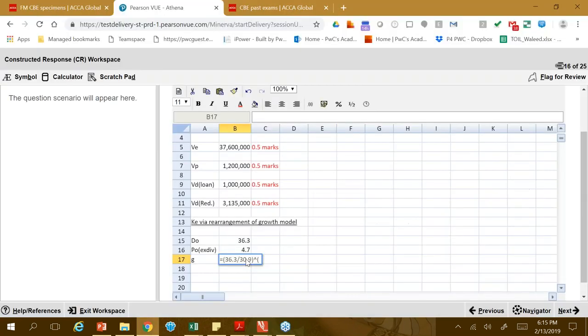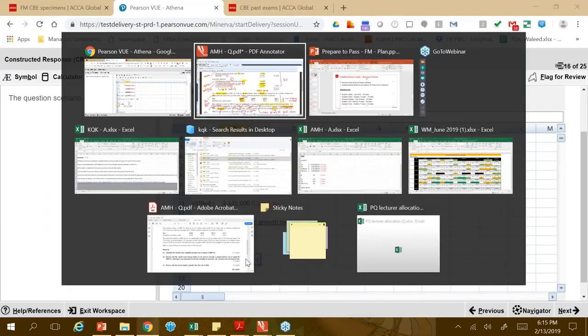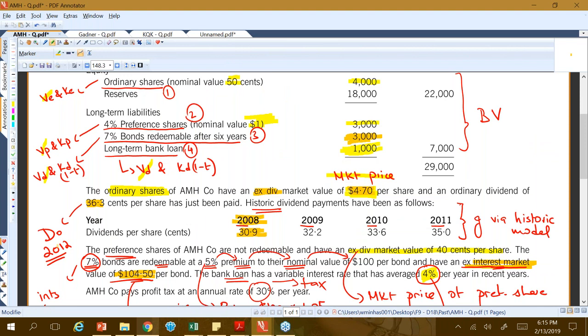Now I want you to see this point. If I am using the 2012 dividend as D0 and the Dn is 2008, what is the year differential between these 2 points? From 2012 to 2011 is 1 year, then to 2010 is 2 years, then to 2009 is 3 years, and then to 2008 is 4 years.